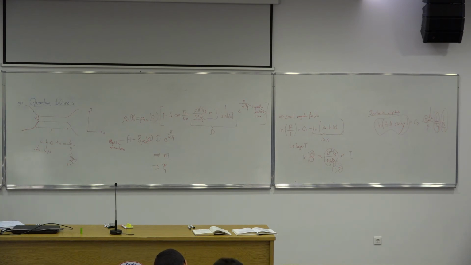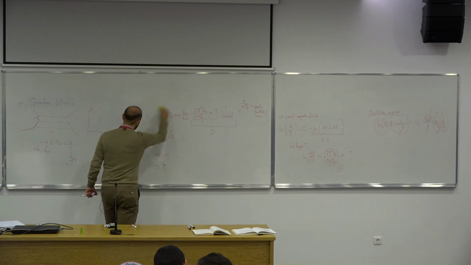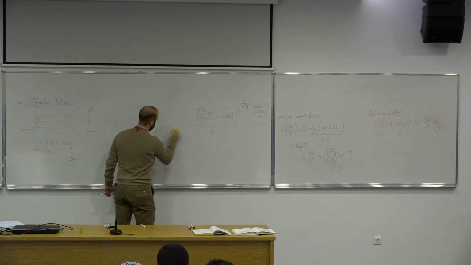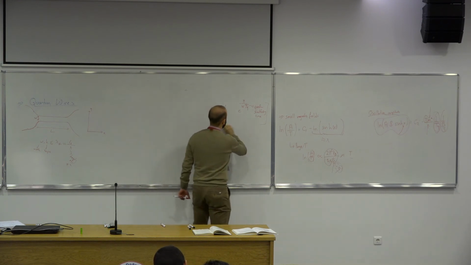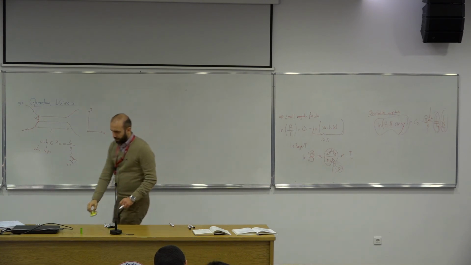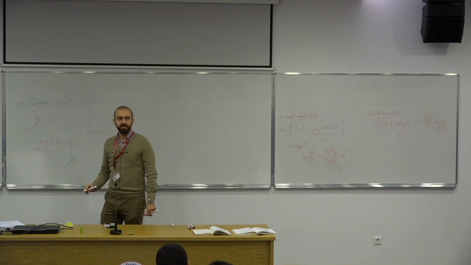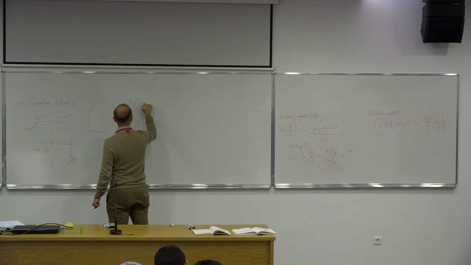Okay. Now, let's try to understand how electrons would move under such a system. There are 2 regimes that we can define. Diffusive.